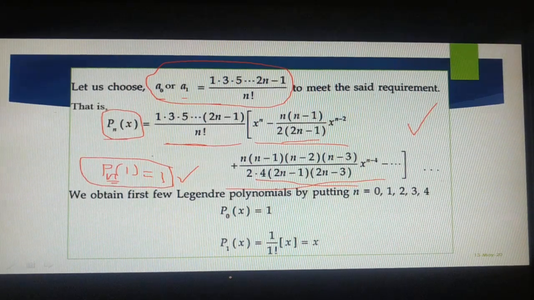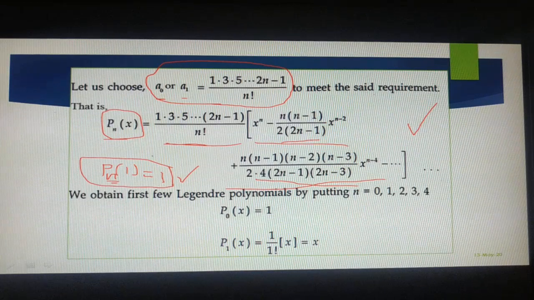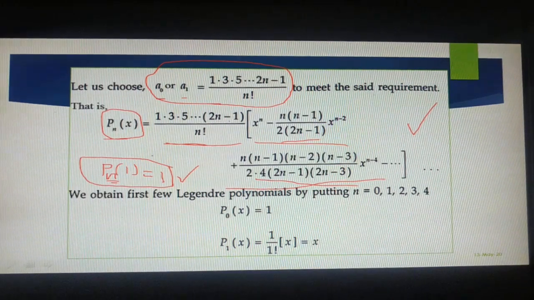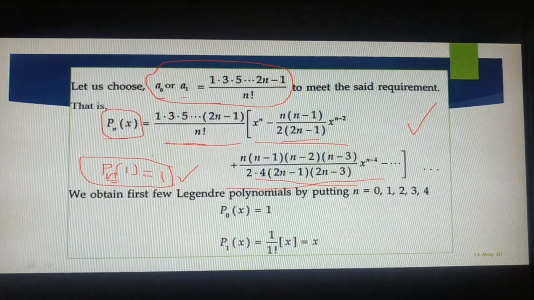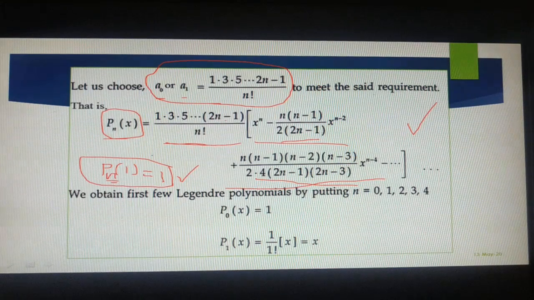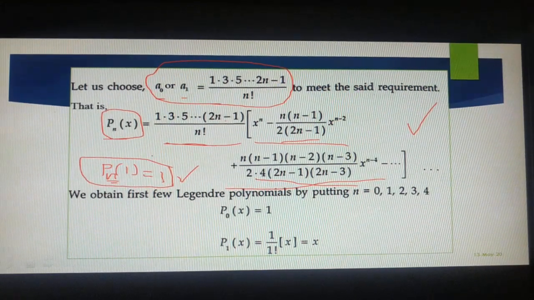So let's see. If I take Pn of x with n equal to 0, P0 of x, and in place of n I take 0, what am I going to get? This is 1 into 2 into, something like 2n minus 1, right?